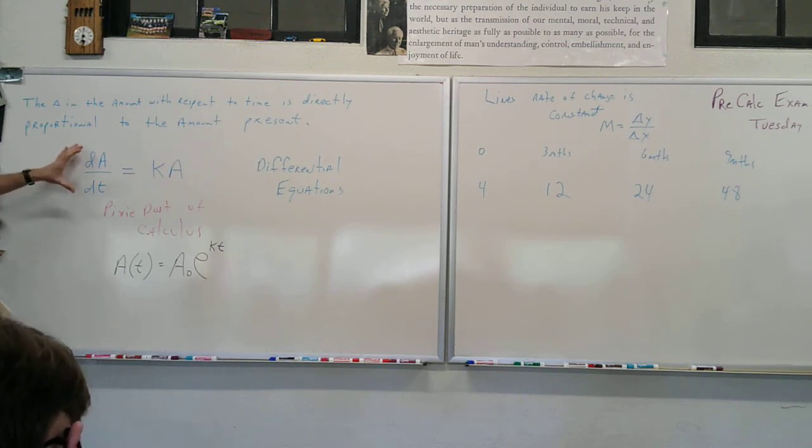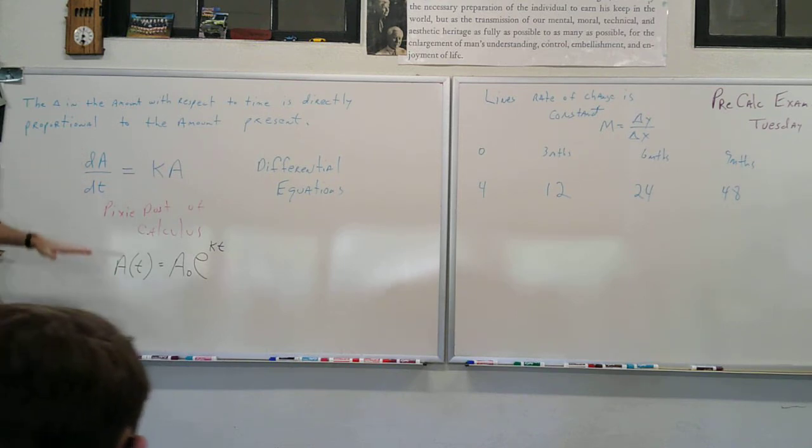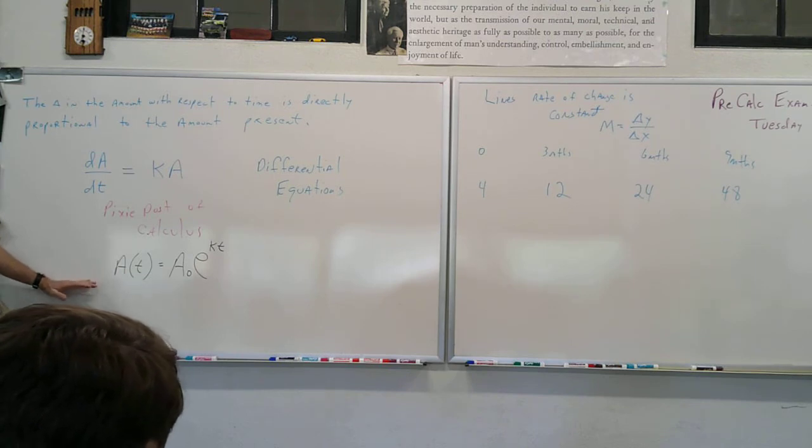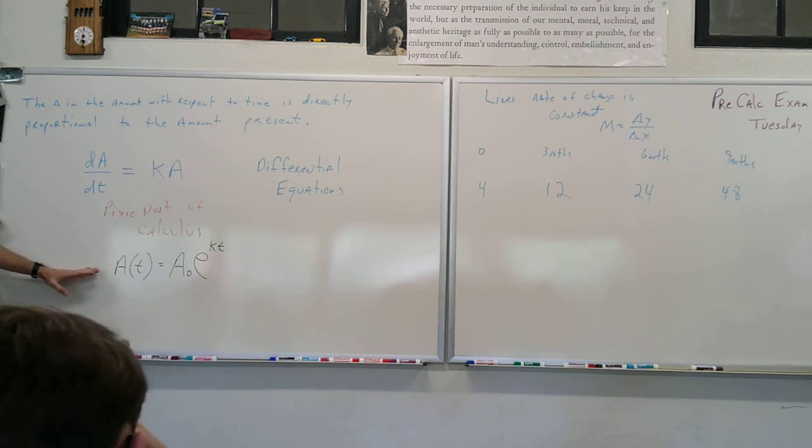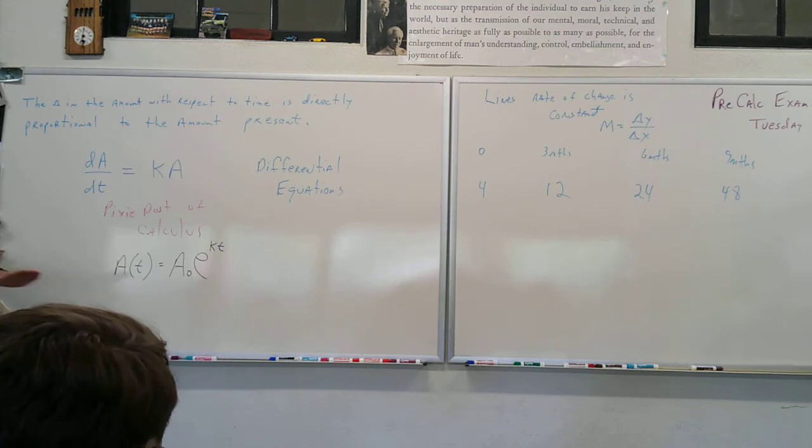And then when you take calculus, they're going to teach you how to go from here to here. If you look in your college algebra textbook or your pre-calc textbook, they just give you this formula. They don't tell you where it came from at all. They just say, here's the formula. Okay? Here's the definition.